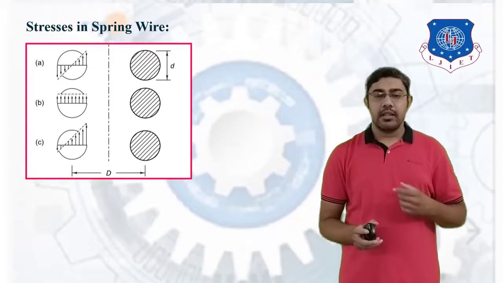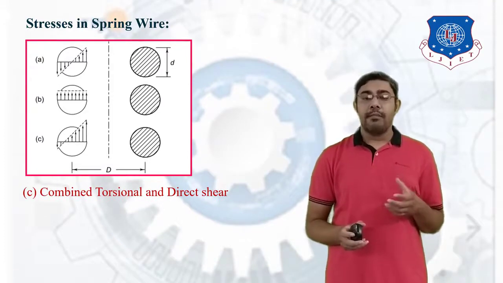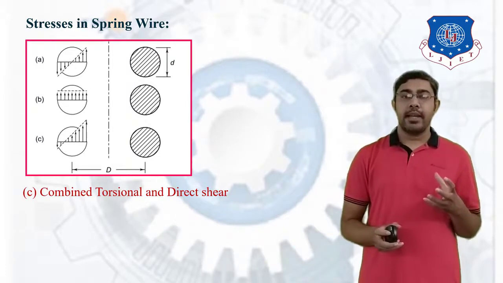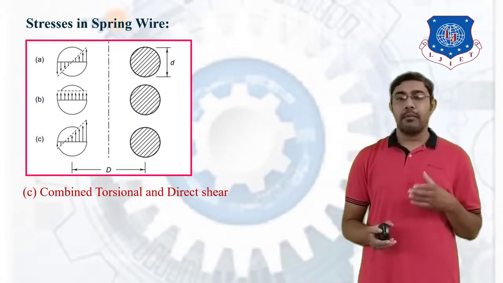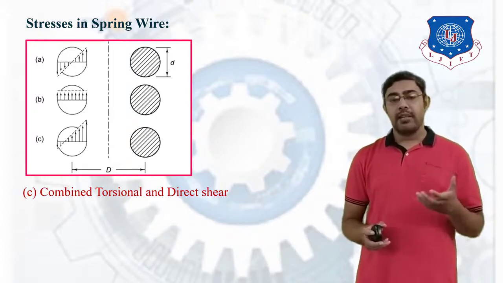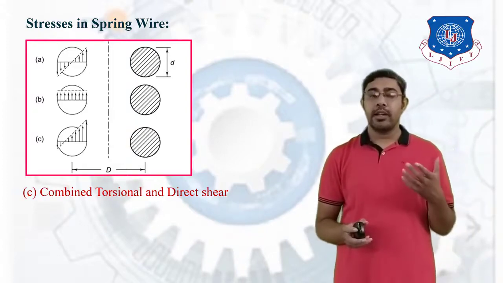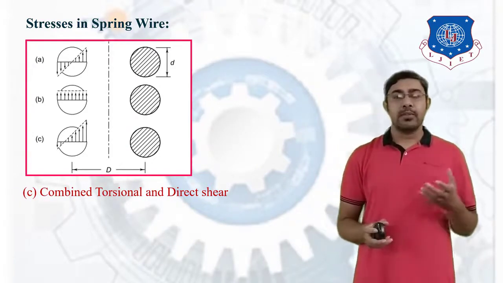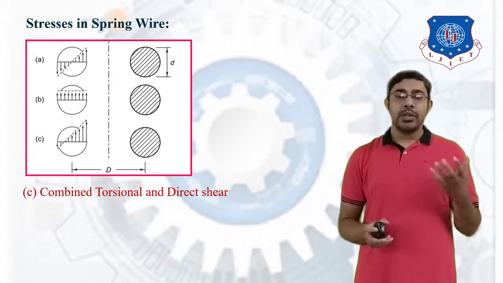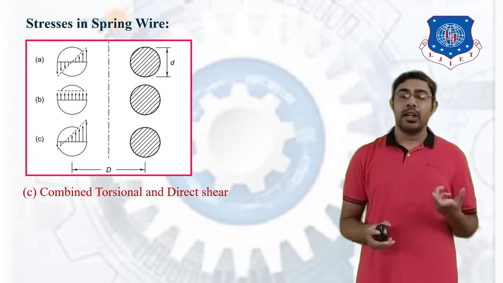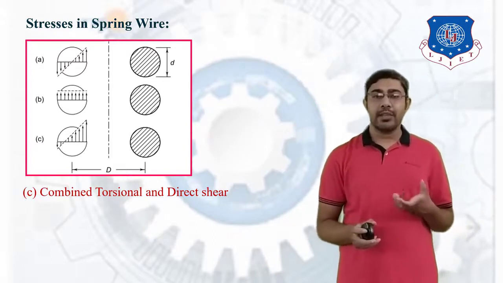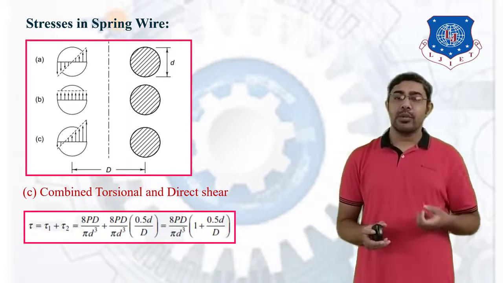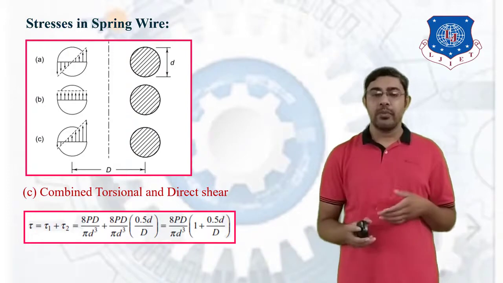Now case 3 or C, combined torsional and direct shear stress. Here both stresses are applied on the spring wire, so we have to combine both stresses. We have the formula for the pure torsional shear, that is tau 1, and also the formula for the direct shear, that is tau 2. In this case the combined stress is produced on the spring wire, so the combined stress tau is nothing but the summation of these two stresses, that is tau 1 plus tau 2.